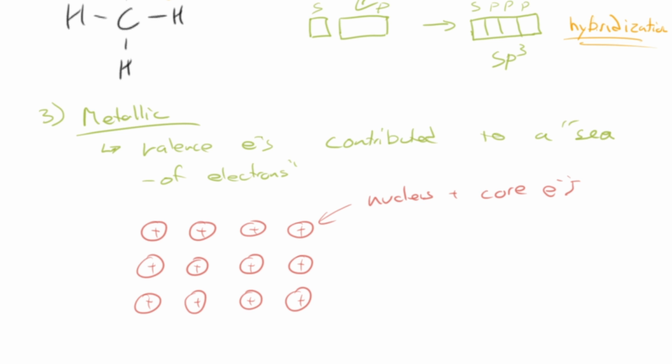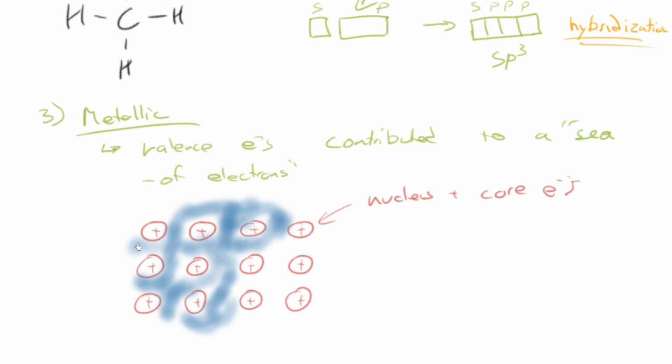And what happened to their electrons? Well, their electrons went into this, let's see if I can sketch it like this, into this sea of electrons. They're just sort of free to move around. They're delocalized. And there's like the glue holding this whole thing together. So this is the sea, as it's called when we're discussing this model, of electrons.